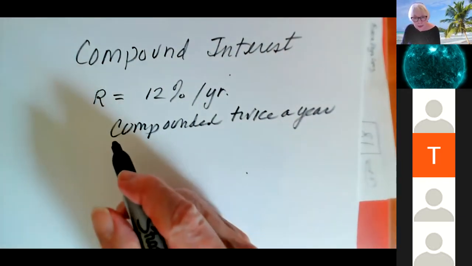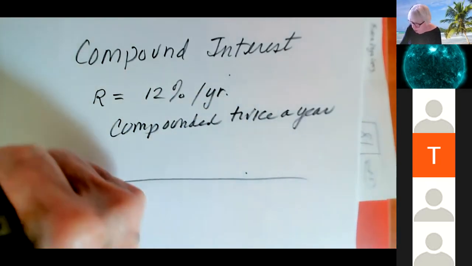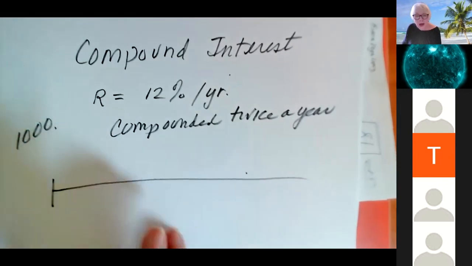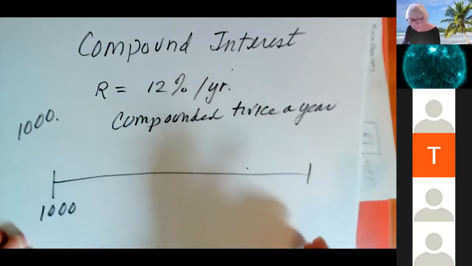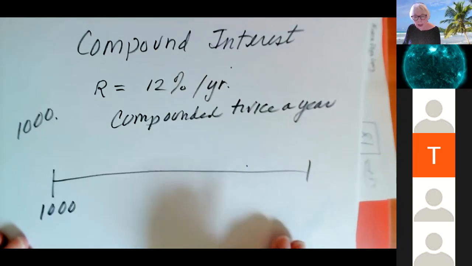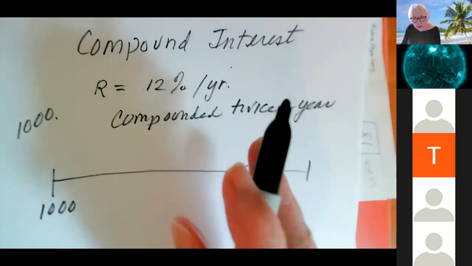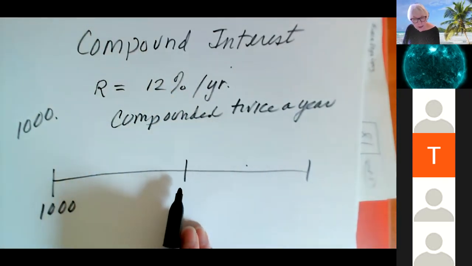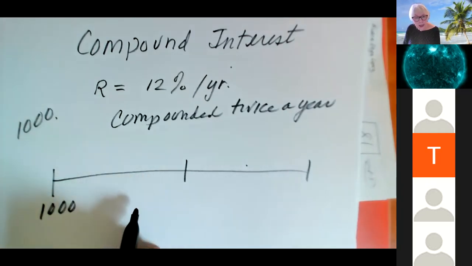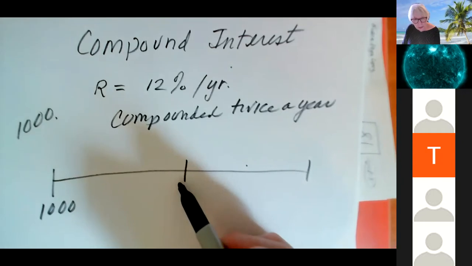What happens is, this is the timeline. So let's put in $1,000 right here at the beginning of the year. The way compound interest works, and I just want you to have a feel for this, is that after 6 months, half a year, they would calculate the interest, but it wouldn't be 12%, it would be 6%.